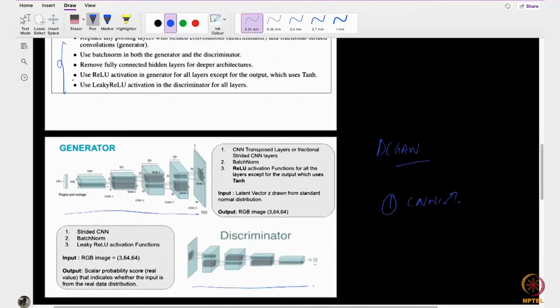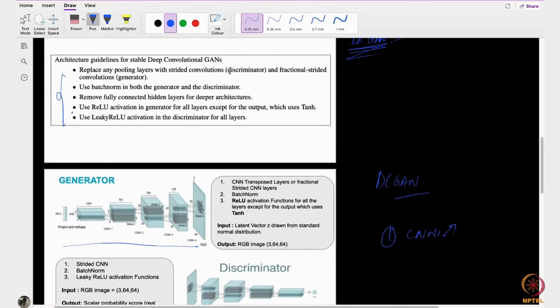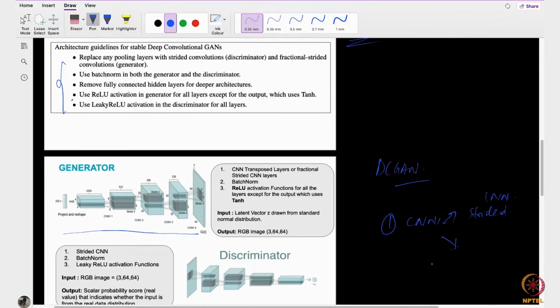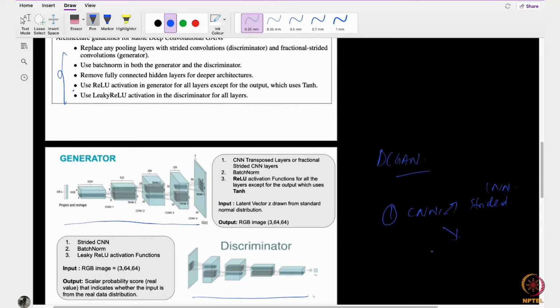In the discriminator, the CNNs are strided convolutions only, whereas in the generator, we will use fractional strided convolution, or in other words, transposed convolutions, transposed CNN layers.